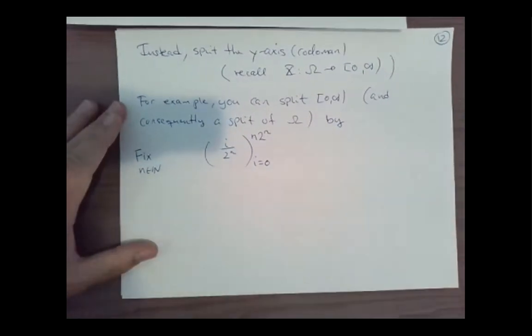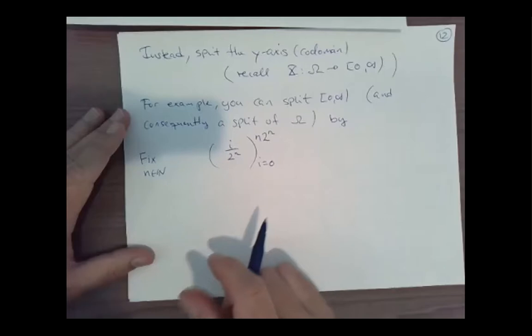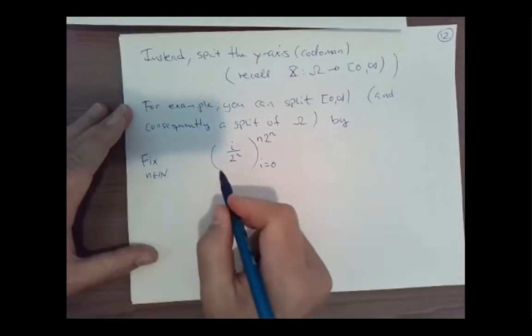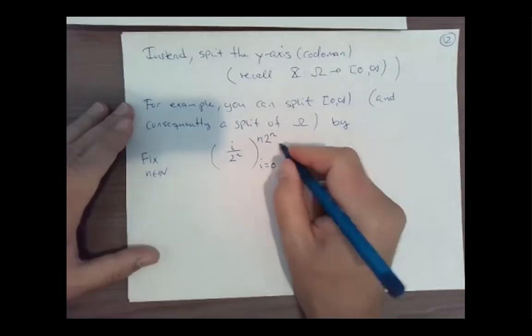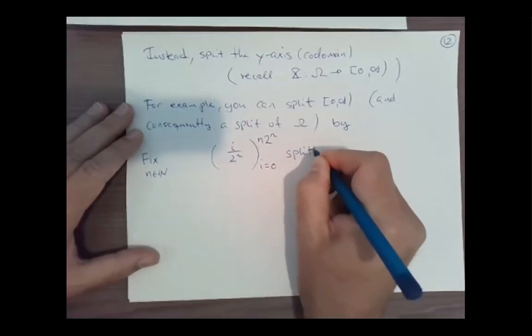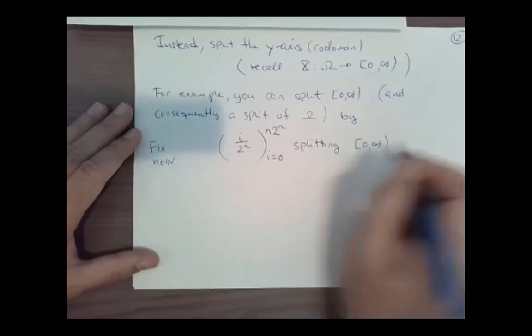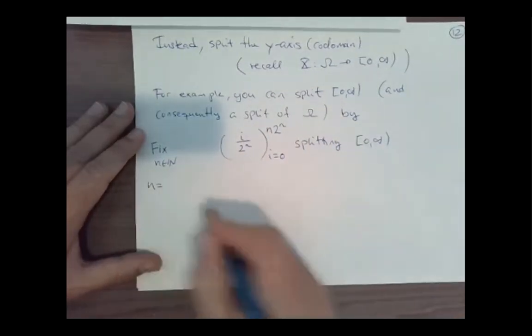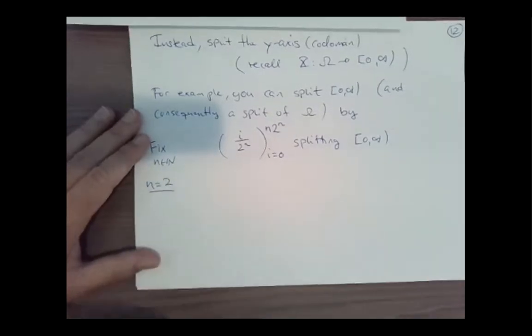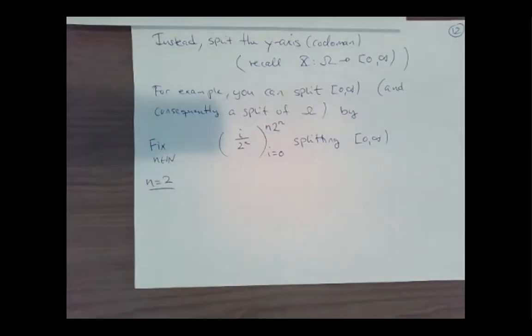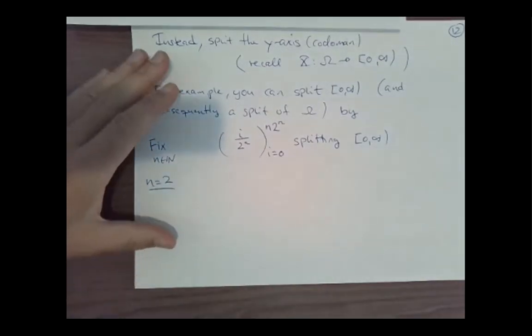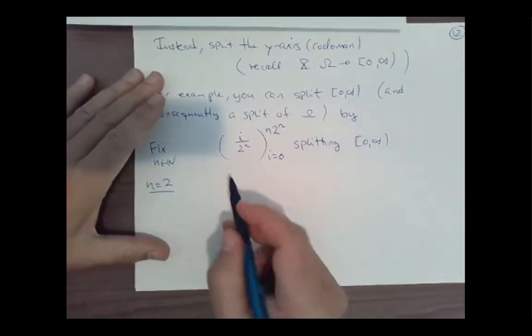So let's look at maybe just a couple of examples. If I fix n, this is a way of splitting this interval 0 to infinity. So if n is equal to, say, 2, then what am I dealing with?